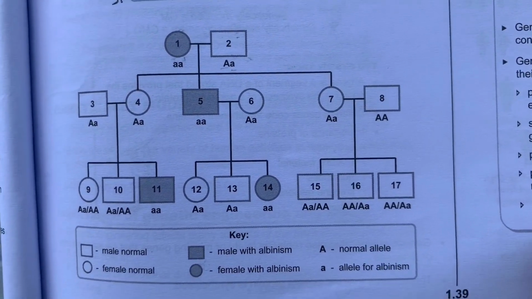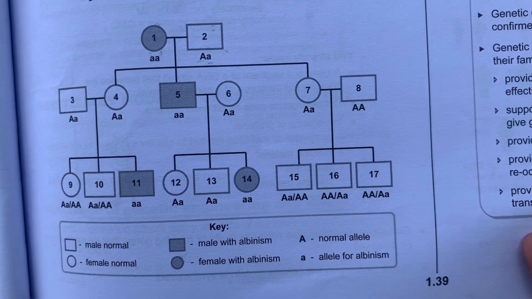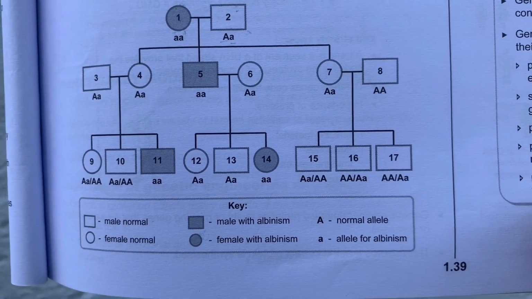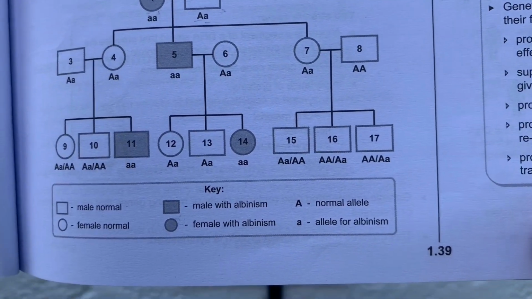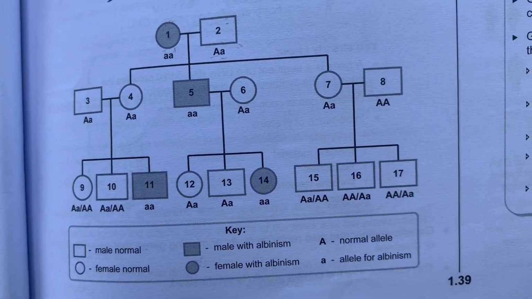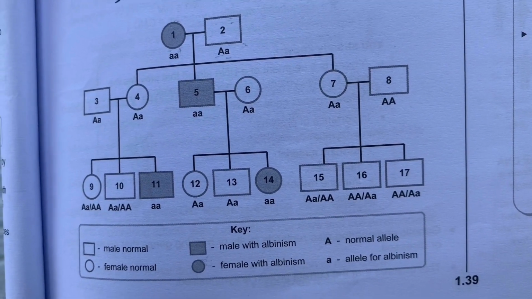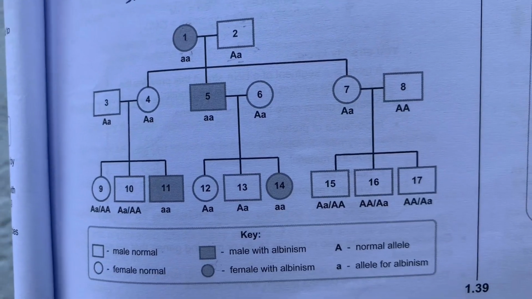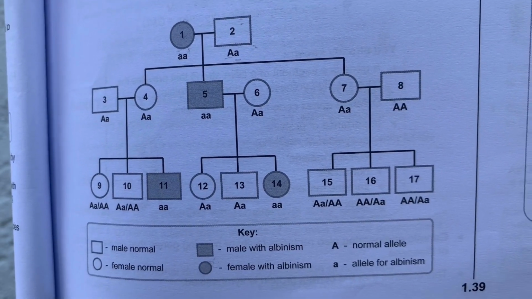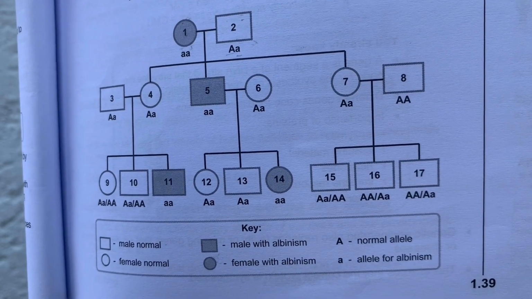It's not as simple, but actually it is simple if you just apply the techniques and if you use the key. If you use the key, it's going to be very easy to figure out what they're doing. In this diagram, because the genotypes of all of the individuals are included, that makes it very easy.